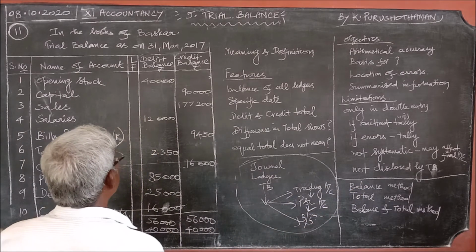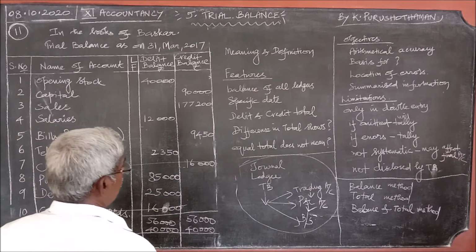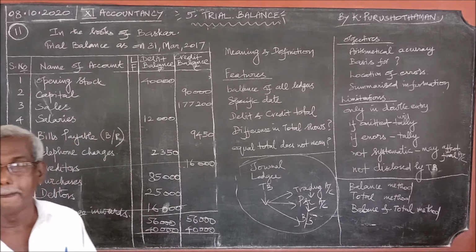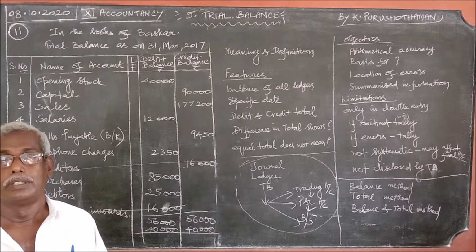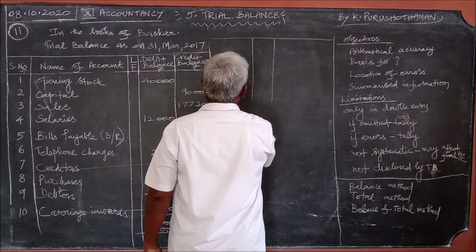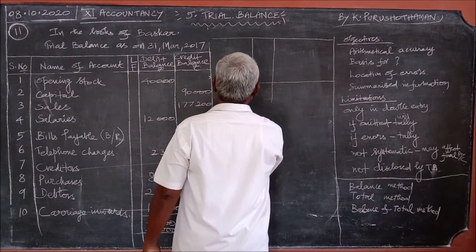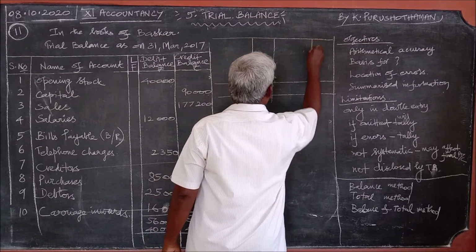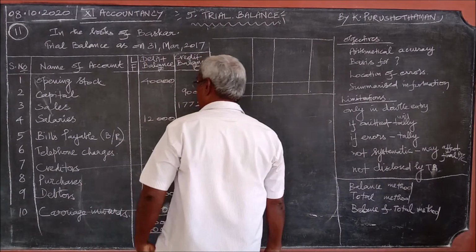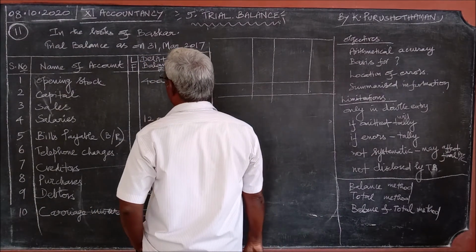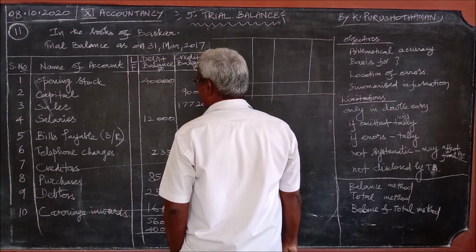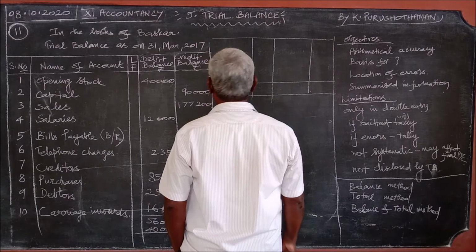The next one is the total method. What do you mean by the total method? For example, I shall prepare two ledger accounts, one for salaries, other one for bills payable.